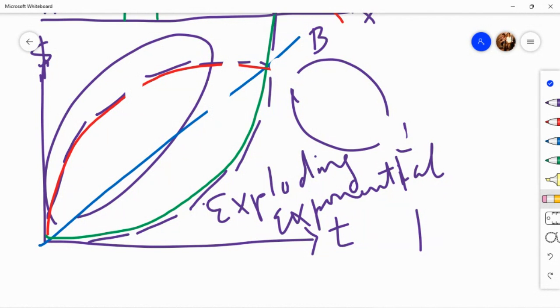That clearly means that person doesn't know what he's talking about, right? It's clearly not exponential. This is not exponential. This is not exponential, right?